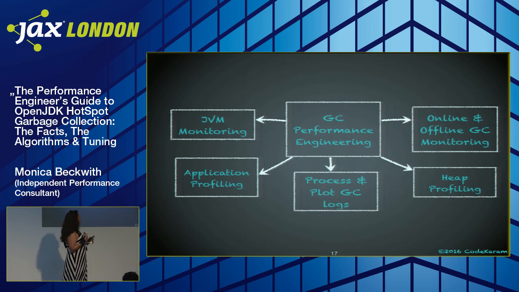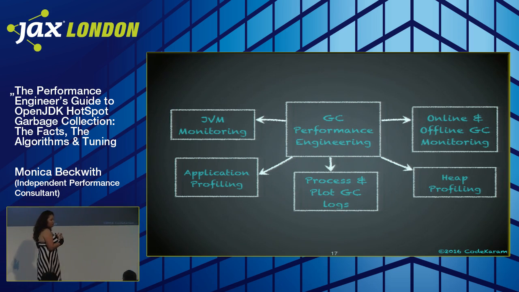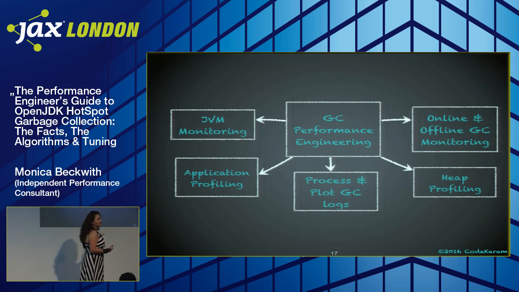When you have the GC logs, you can process and plot them, so basically parsing and plotting. And then on the other side, you have the JVM monitoring going on as well, because GC is a component of the Java virtual machine. So you would like to do the JVM monitoring as well. And then, of course, everything is the application. Your application is doing all the allocations, right? So there's also the application profiling.